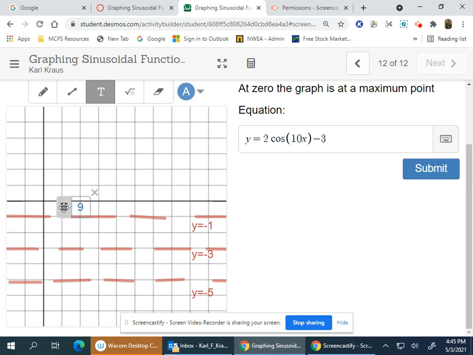Wait a second. I was thinking of making that 3, but that doesn't work because it's 1, 2, 3, 4, 5, 6, 7, 8, 9. Times 3 is 27. I only go to 30. And I want 36.